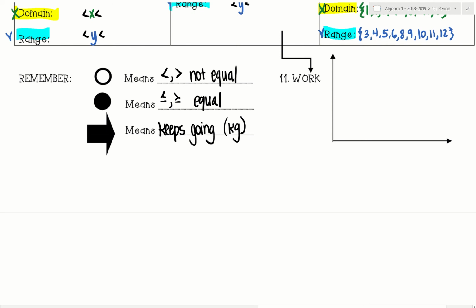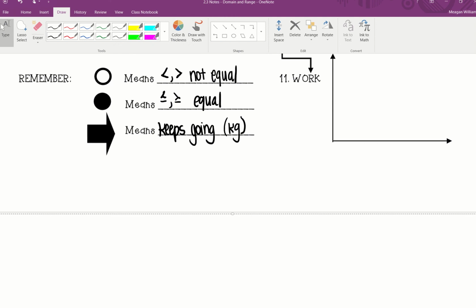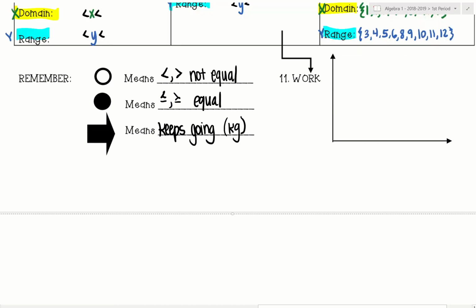Ready? Oh, man. Of course, my pen decided to stop work. Okay, there's one thing we've got to add, and it's going to kind of blow your minds, but you're going to be great at this. Ready? I want you to go write a capital R with another line through it.